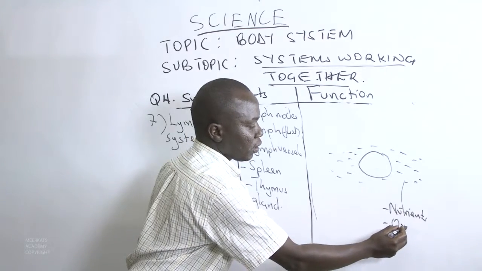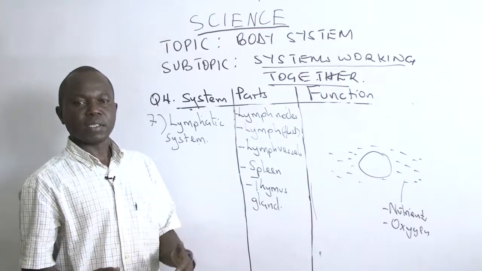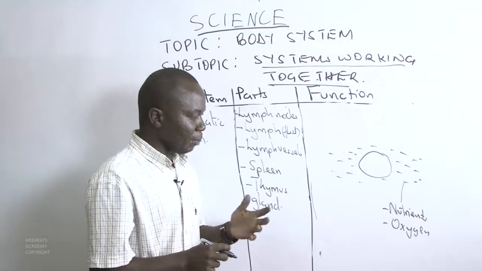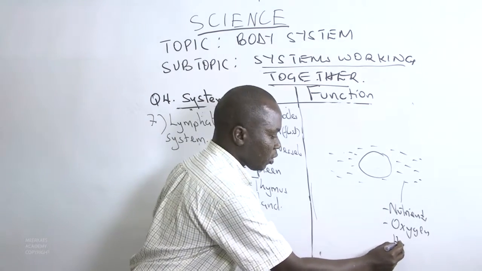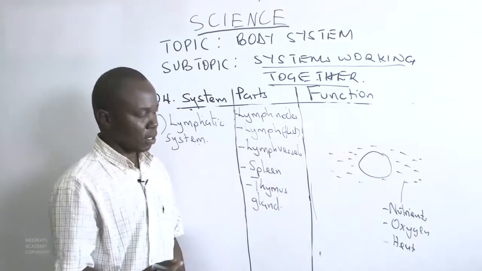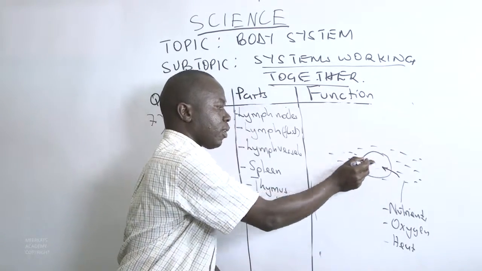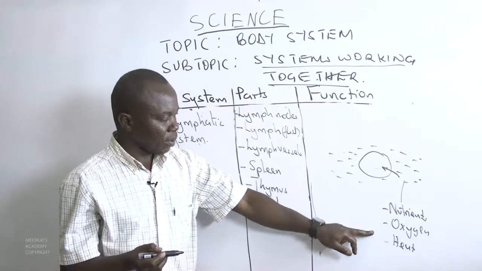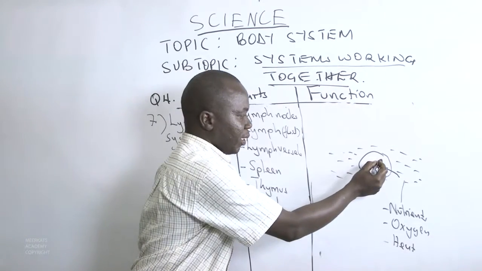It also contains oxygen. Nutrients like glucose, amino acids, fatty acids and glycerol. And then sometimes it could also be containing heat. So some of this material will diffuse from the lymph fluid into the cell. Nutrients, oxygen, sometimes heat, for metabolism.